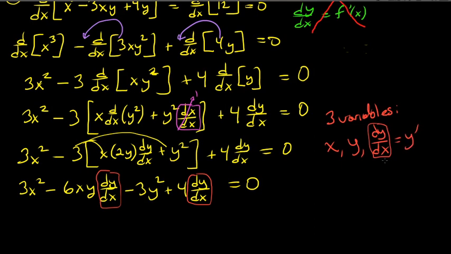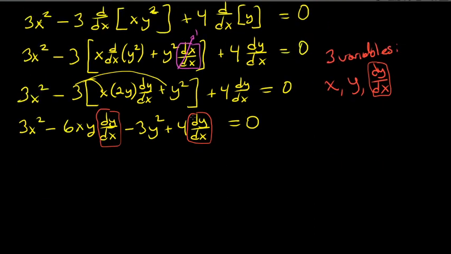Right? Some people like writing y prime. I'm not going to do that, though. I'm going to leave it as dy over dx. Right? So that's the variable we're solving for. We're solving for dy over dx, which means anything that doesn't contain a dy over dx, we can subtract from both sides.